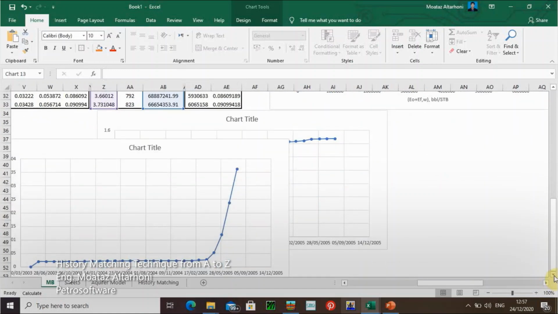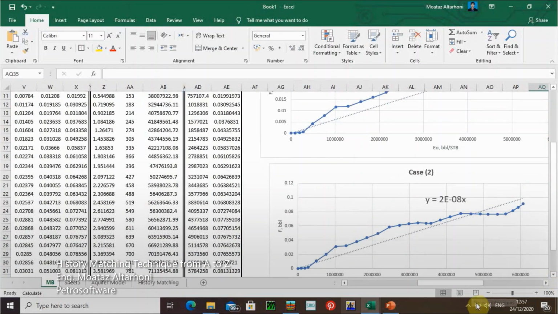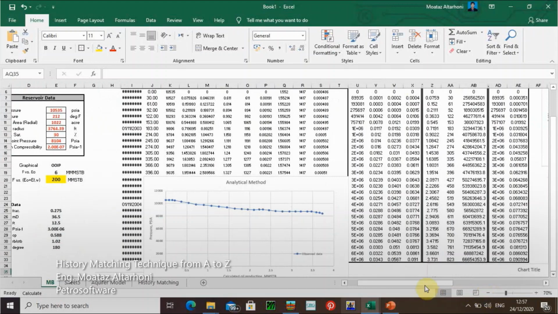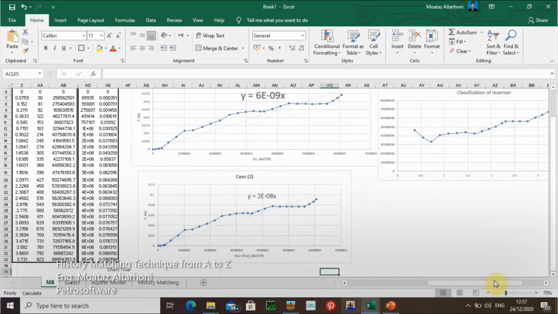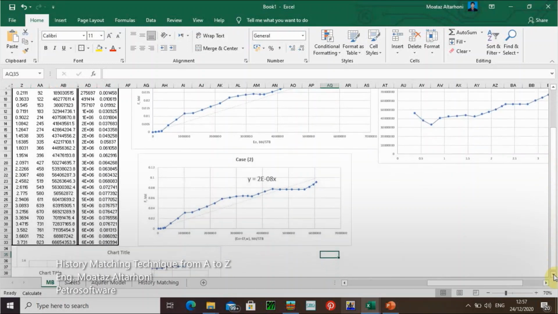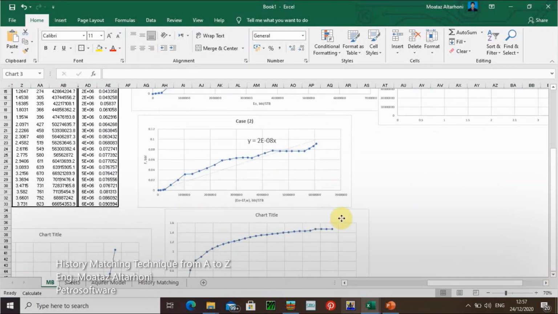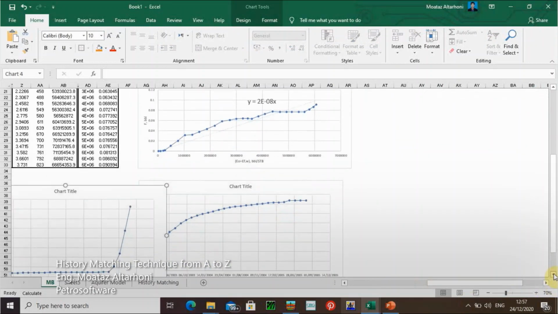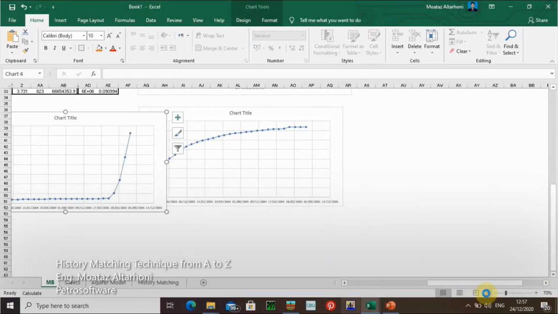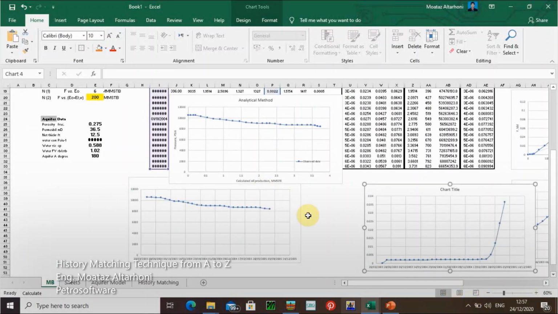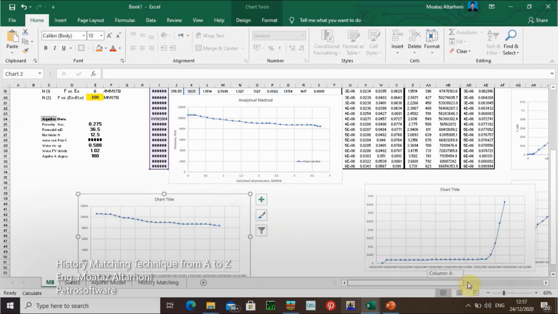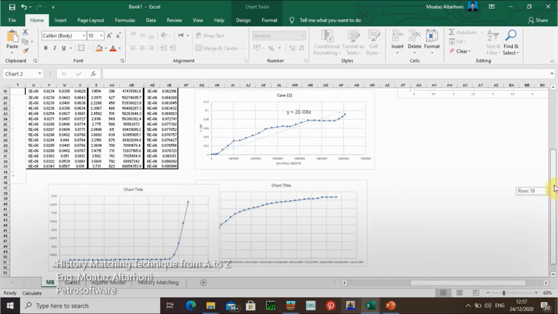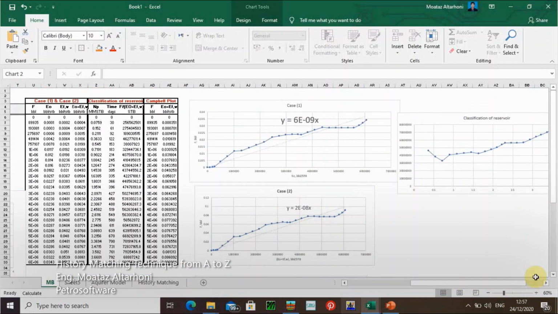So I can see here, where is this plot? Yeah, I missed it here. When I create more plots, I always miss them because I cannot find where they are.